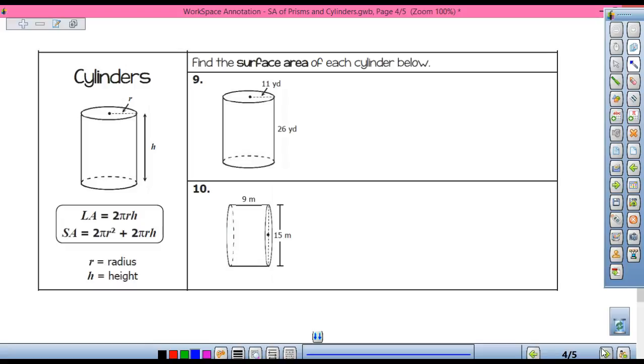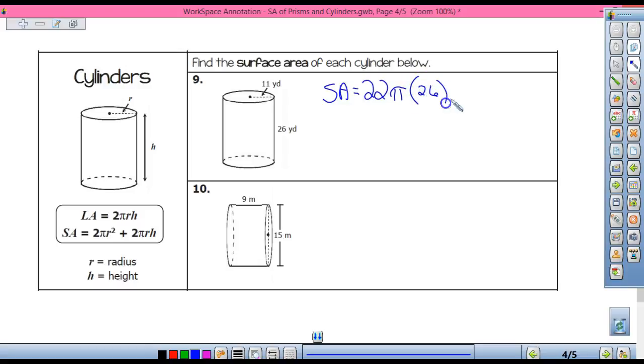If you haven't memorized it, I would start studying it every single day right now. So surface area equals, the perimeter of my circle is 2 pi r, so 2r is 22 pi times, what's my height?